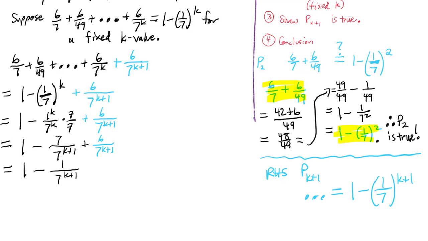Is that what we want to show? Almost. We almost got there. One more step. Equals 1 minus 1/7, all parentheses, to the k plus 1 power. That's it. That's what we wanted to show.